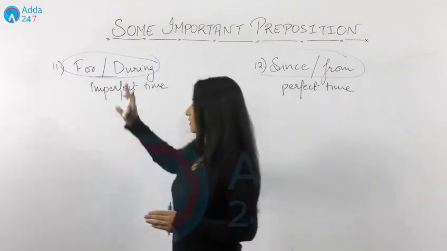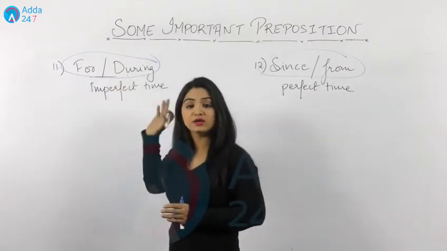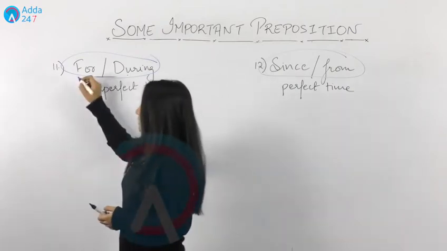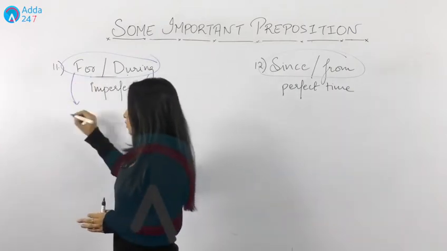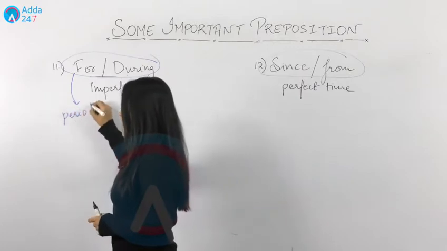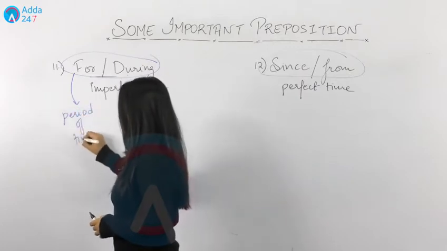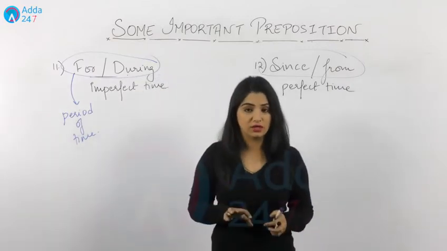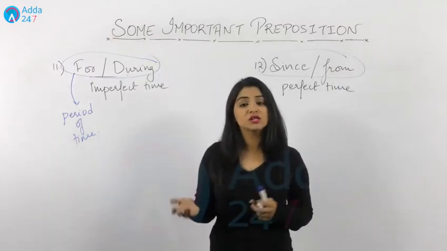Now let's discuss the difference between for and during. For is used only for a period of time, and you're not sure about what period of time you're talking about. For 2 hours, for 2 years, for 2 months.